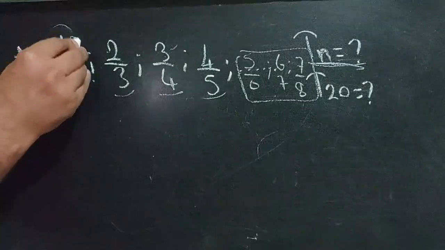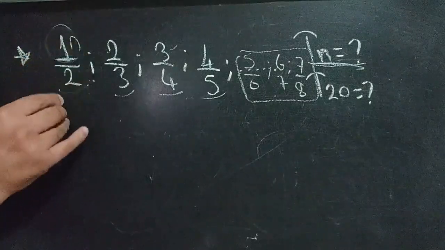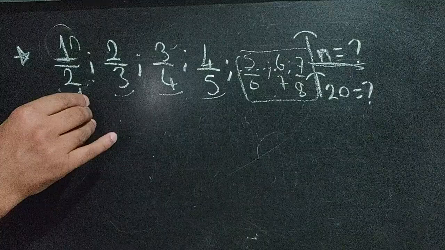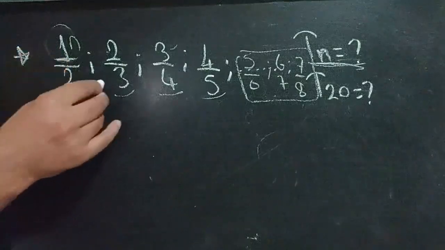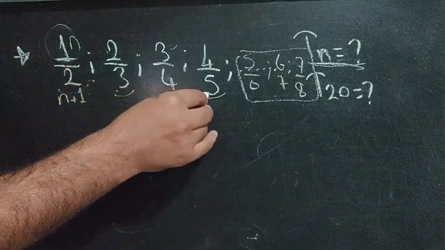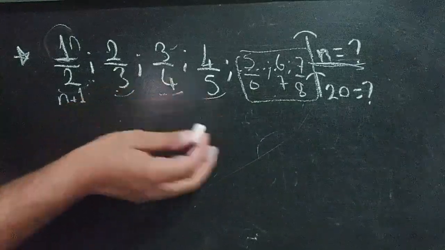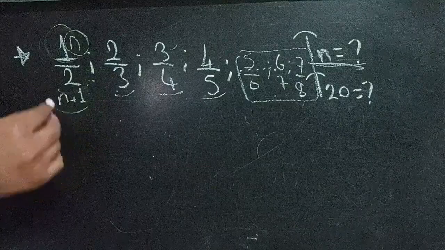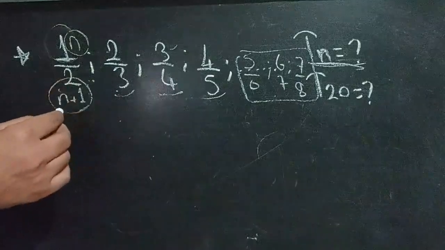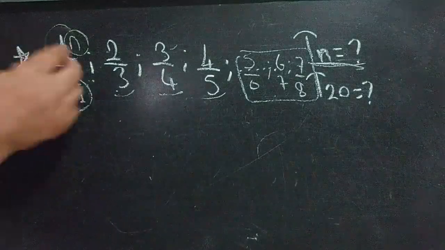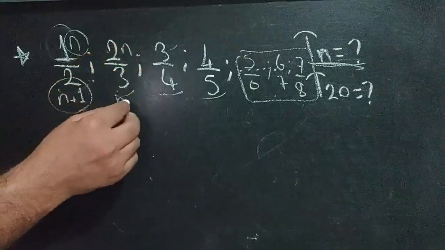If I say the top is n, the bottom will be n plus 1. I'm going to try this rule for other numbers. If I get the correct answer for all of them, that means my rule will be n over n plus 1. So let's try now n plus 1.